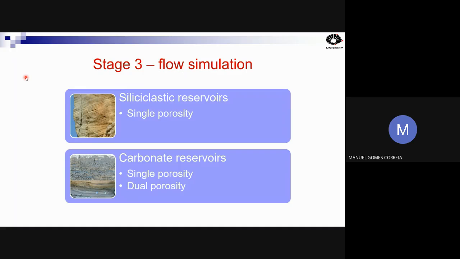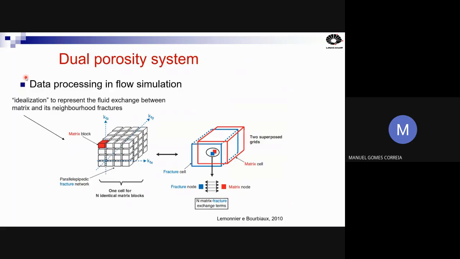you can also use single porosity models, but it is quite common also to use dual porosity models, where you have a fracture system and where you have a matrix system as in conventional reservoirs. So how does it work in a dual porosity system?